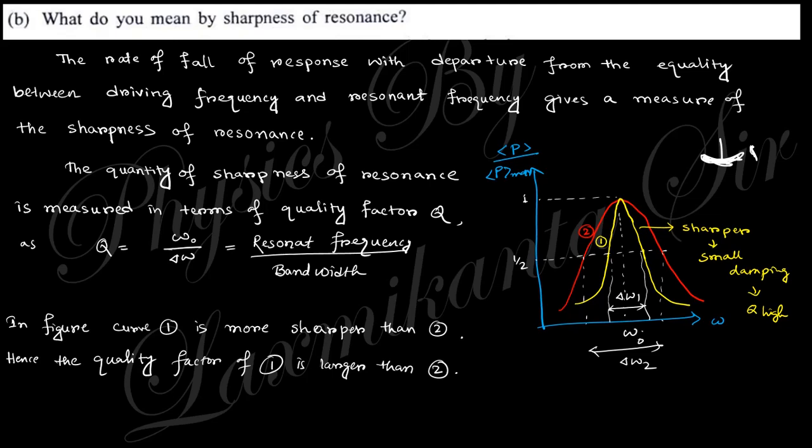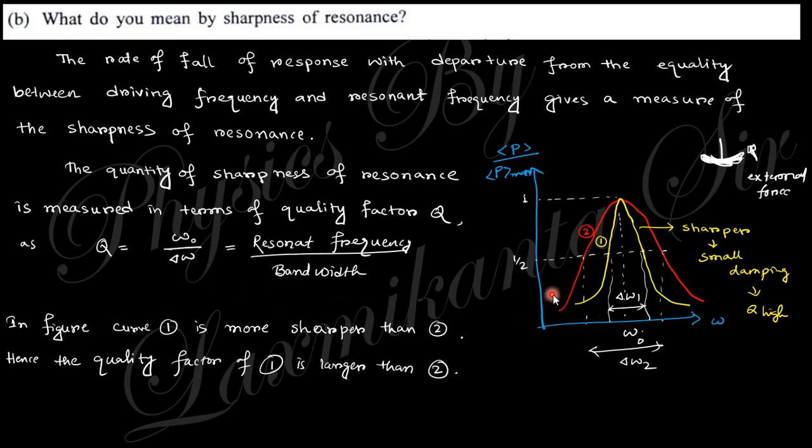If you apply an external force, then the system oscillates when its natural frequency and the external force frequency are the same, and this condition is known as resonance. For that resonance, the sharpness is defined as omega naught by delta omega, that is resonant frequency by bandwidth. Delta omega is the bandwidth.